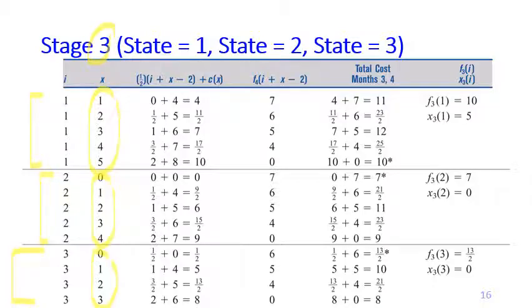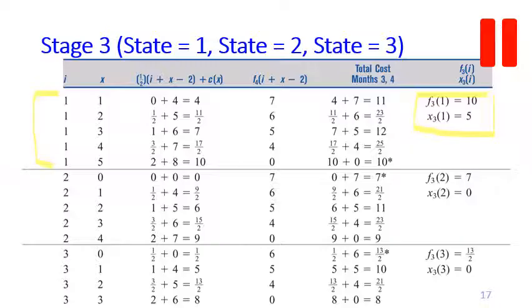And then you need to complete all of this such that you know the best decision and best cost for each state at month 3, or at stage 3. Now I strongly suggest you pause the video and really take the time to calculate all the numbers corresponding to state 1 until you get the conclusion at the last column.